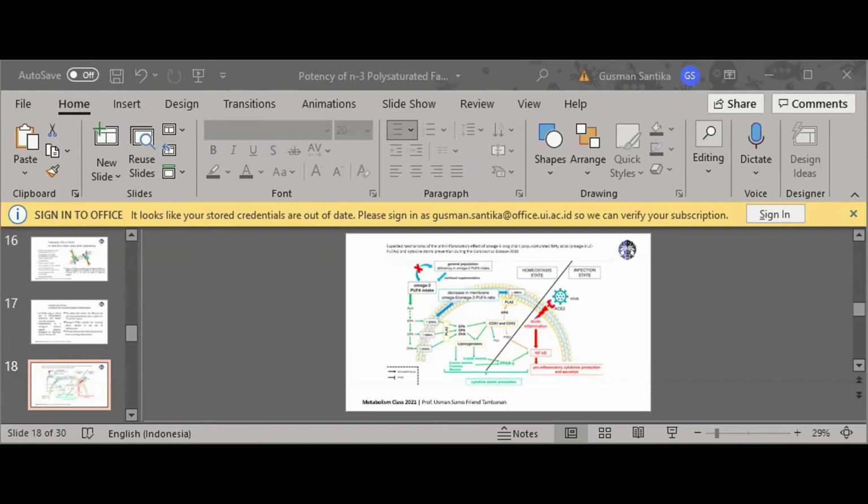What about the advantage of omega-3 PUFA for preventing the symptoms of COVID-19 besides omega-6?